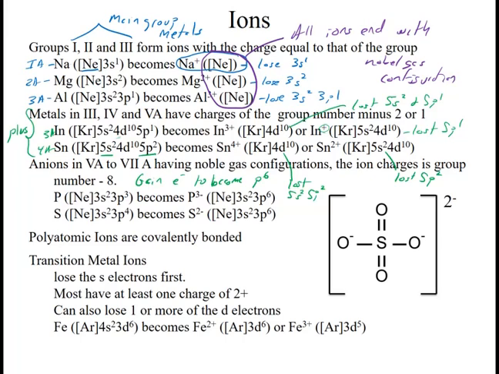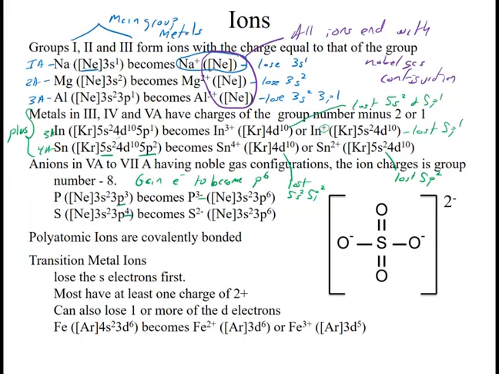Okay, and so phosphorus has a p3, so it needs 3 more to get p6, and so it becomes a 3-. Sulfur has a p4, so it needs 2 more to become p6, so it becomes a sulfur 2-. For the polyatomic ions, they're covalently bonded. This is sulfate here with a 2- charge.